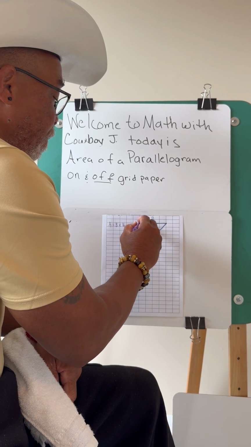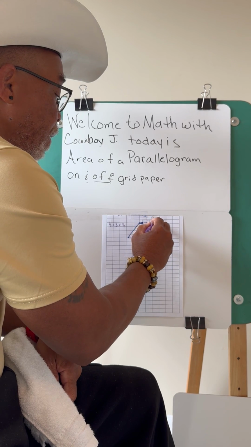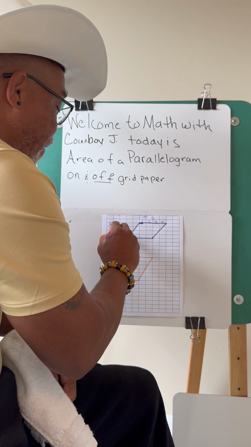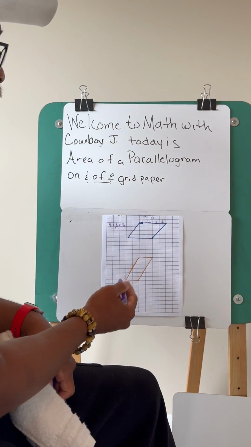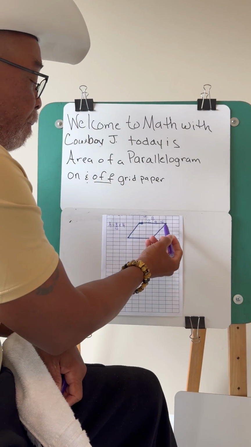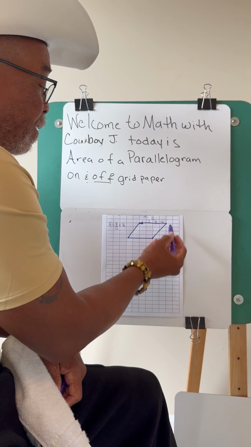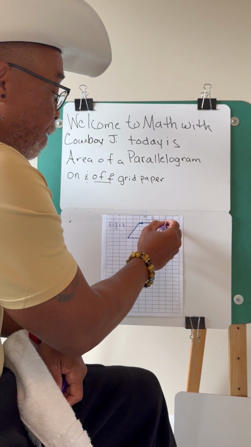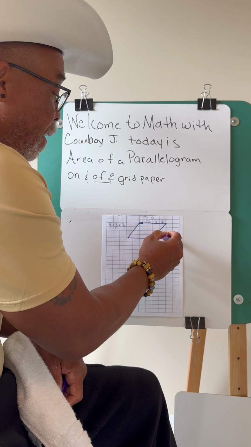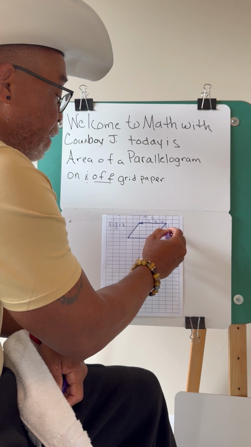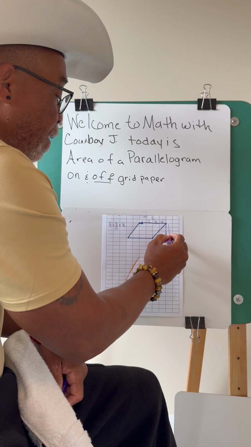So we got 1, 2, 3, 4. So that's our base. So our base over here is 4. Now our height is the distance from one side of the grid line to the other. So we're going to just start here and go down and count 1, 2, 3, 4.